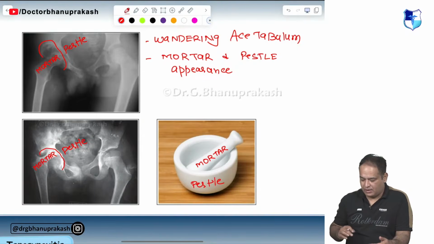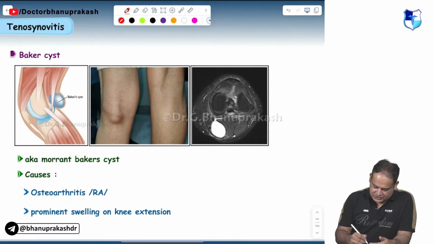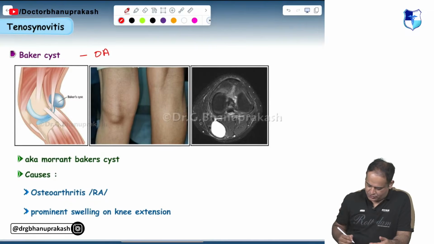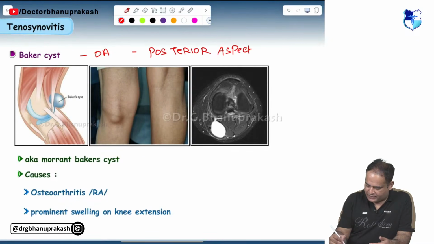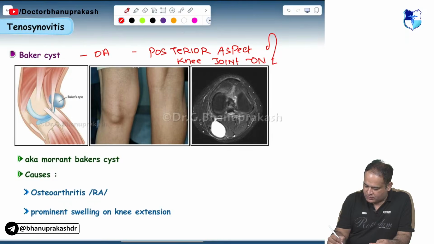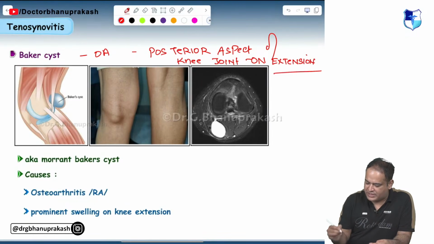Mortar, pestle appearance. Baker's cyst, it is seen in osteoarthritis. It is seen in the posterior aspect of knee joint. In clinical question, remember that it is seen on extension.